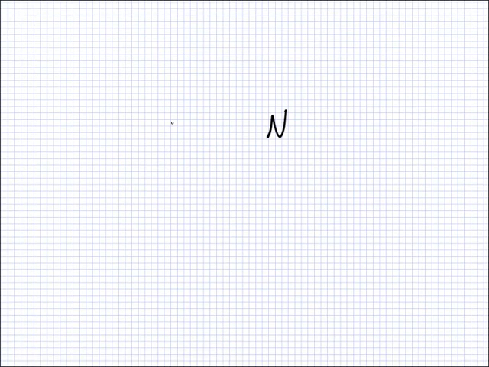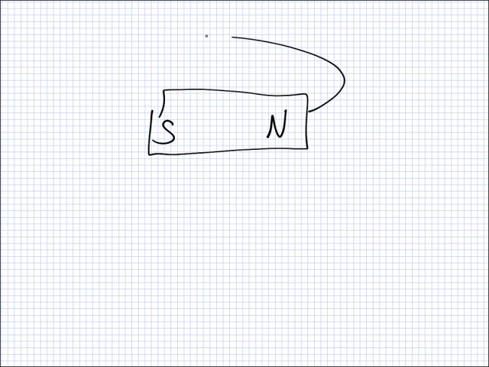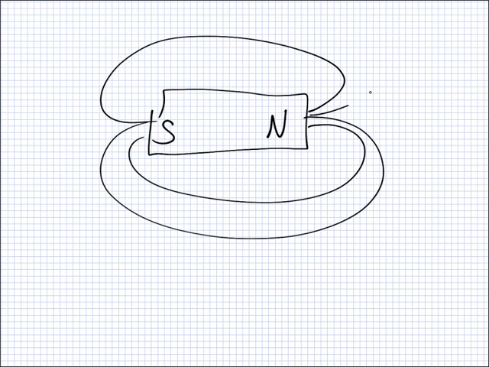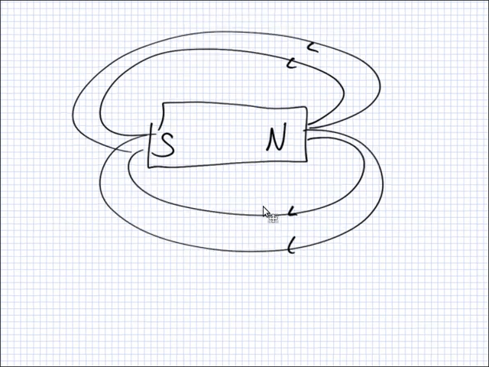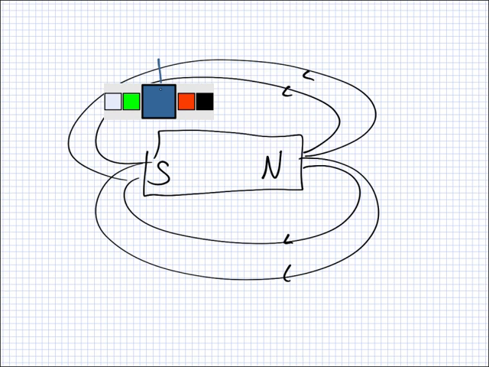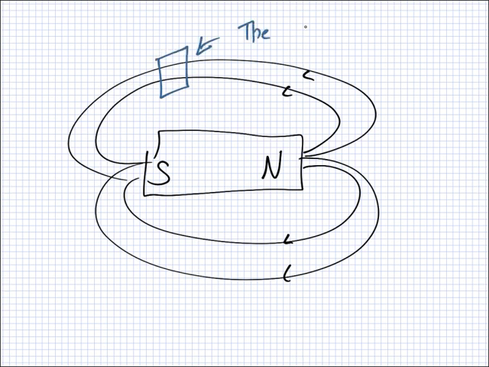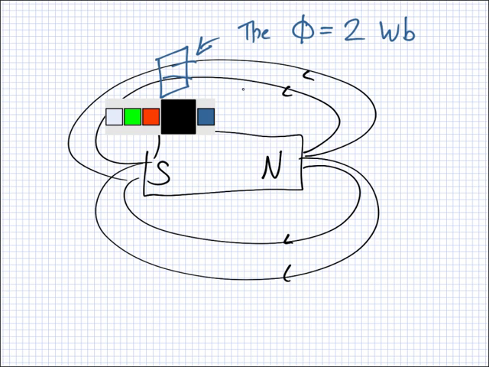Here's my magnet. Here, I would say, the magnetic flux is 2 Webers because there are 2 lines that go into it.